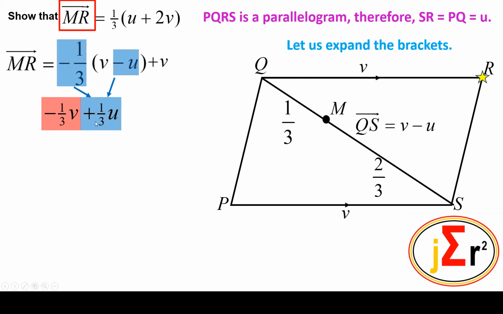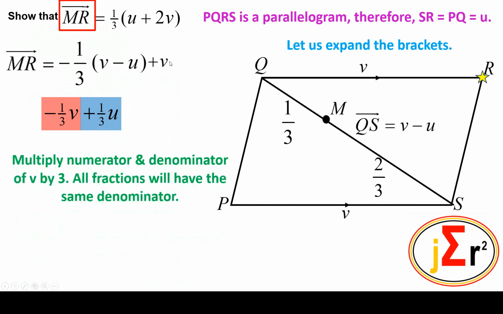We therefore have positive 1/3 U. And we will also make an adjustment with V in such a way that all of the terms will have a denominator of 3. We will achieve that by multiplying V by 3/3, meaning that we are multiplying both numerator and denominator by 3.